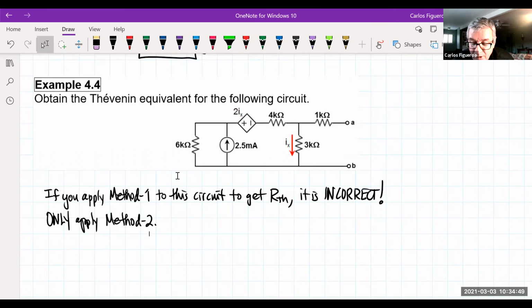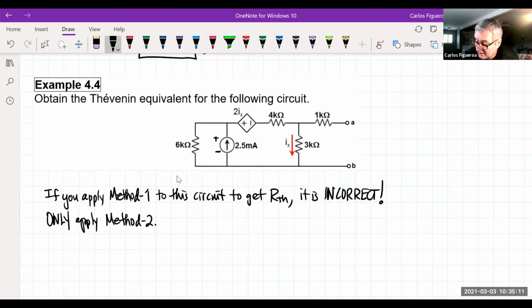Note that those are going to be in opposite directions, because we're assuming that's the polarity of the current source. So when I create a voltage source from the current source, these two voltage sources are going to be opposing each other.